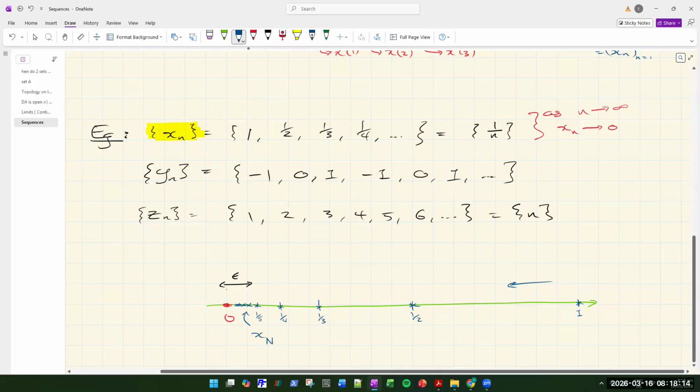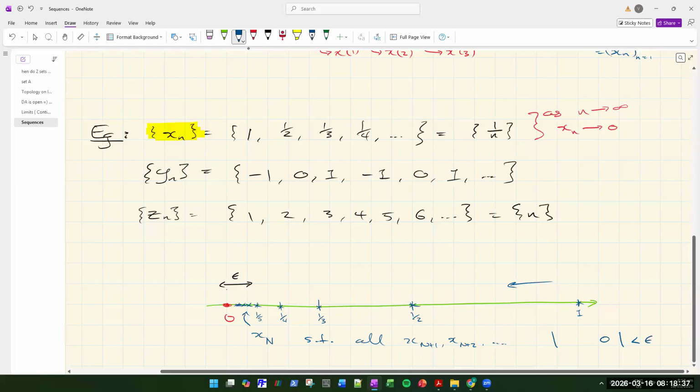So big N is fixed, such that all terms after it, so x big N plus 1, x big N plus 2, and so on, the distance between those terms and this limit will be within epsilon.